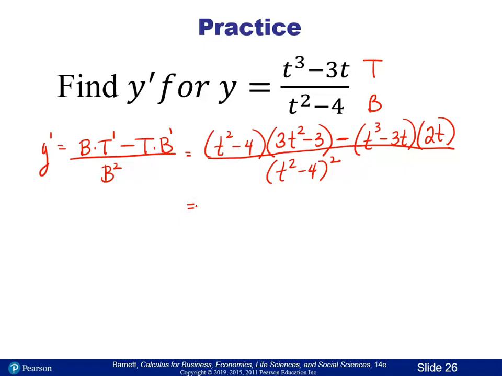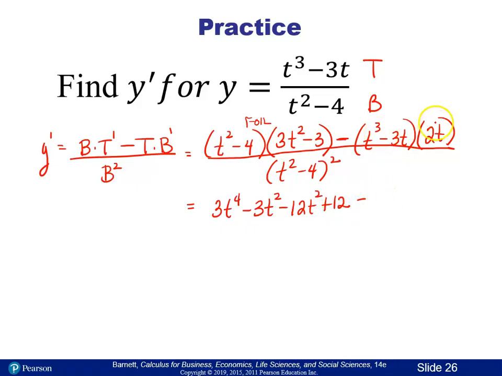So there are times it's possibly not worth our effort to simplify, because like this one we'd need to foil because we've got two binomials. So we would have 3t to the 4th would be our first, our outer, our inner, and our last.